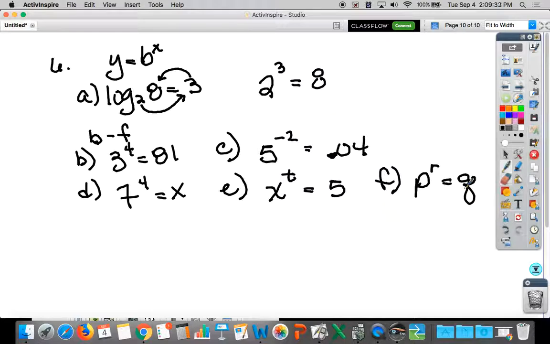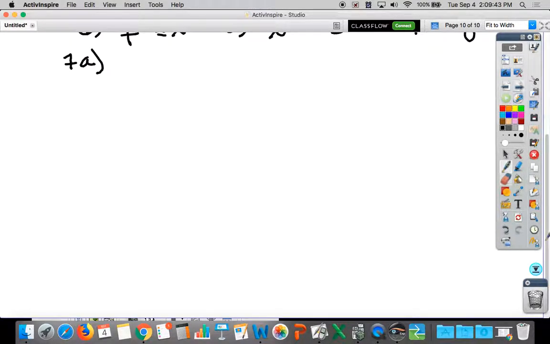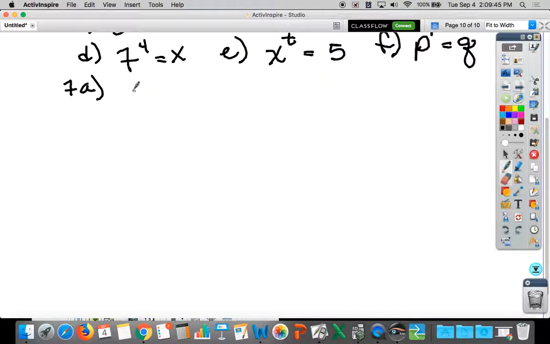All right, so in number 7, we're going to go from exponential to log. So let's look at 7a. They give you 2 to the third equals 8. So that's going to be log base what? 2. What's going to go next to it? 8. Remember, these never stay together. Equals 3.